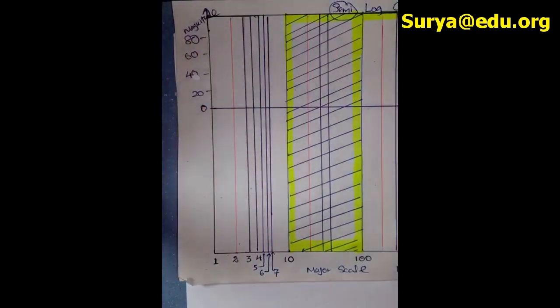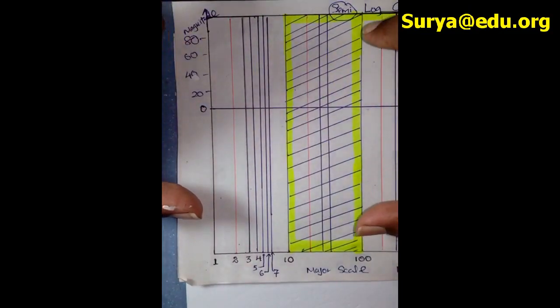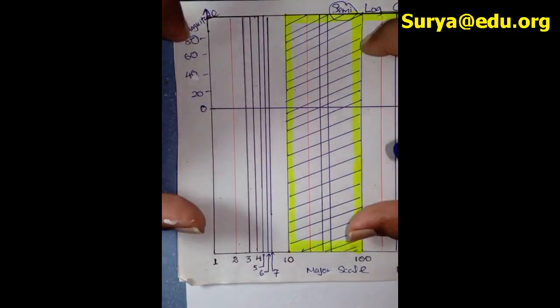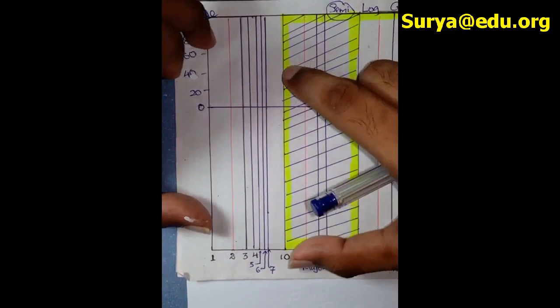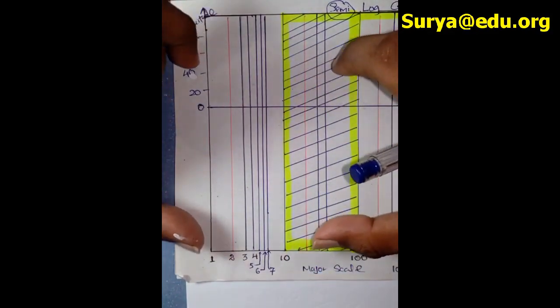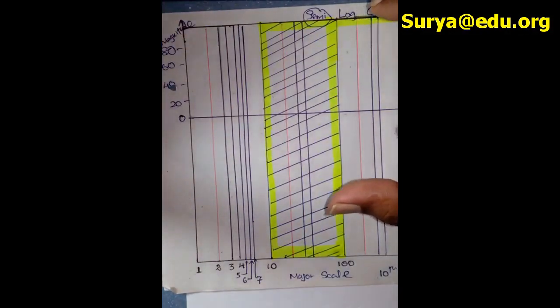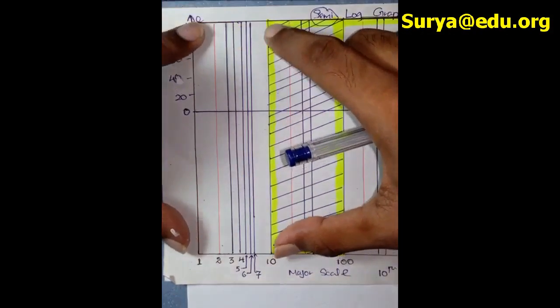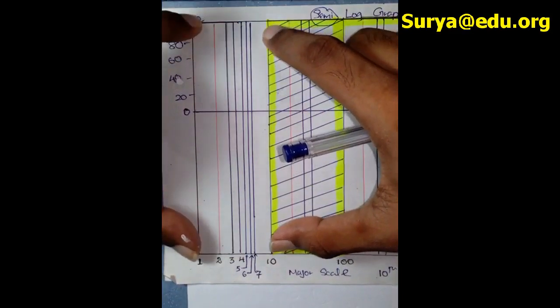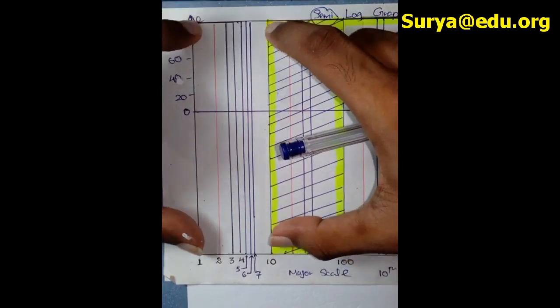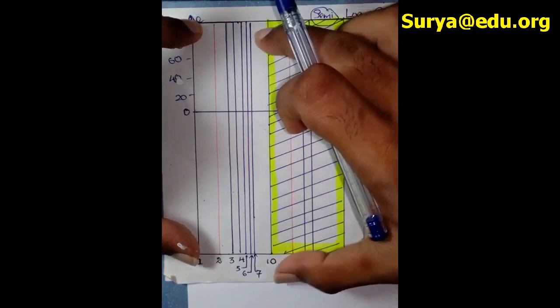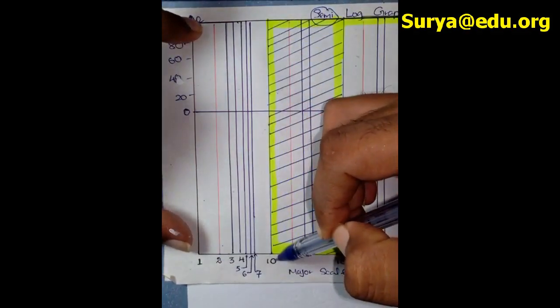The semilog graph is divided based upon the power of 10. You can see the first division is for the region of 10 to the power 1.